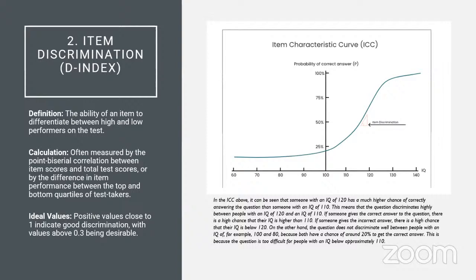Okay, sir, I'll correct it. I will check and correct. With values above 0.3 being desirable, you have written. And whatever the card you are showing, that is not similar. Two things are not similar. Okay, go to the next.